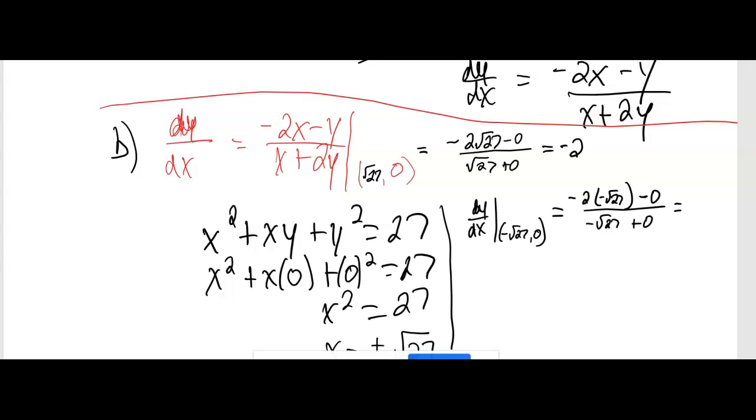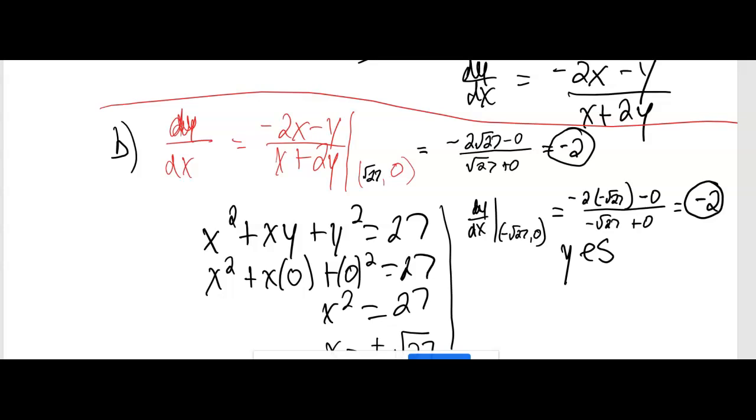Got a lot of negatives going on there, but hopefully simplify it, keep all that straight. Does that also give us a slope of negative 2? Yeah. All right, so these are our x-intercepts, and these are the slopes at the x-intercepts. Because those slopes are the same, we would say, yep, those tangent lines at the x-intercepts are parallel.